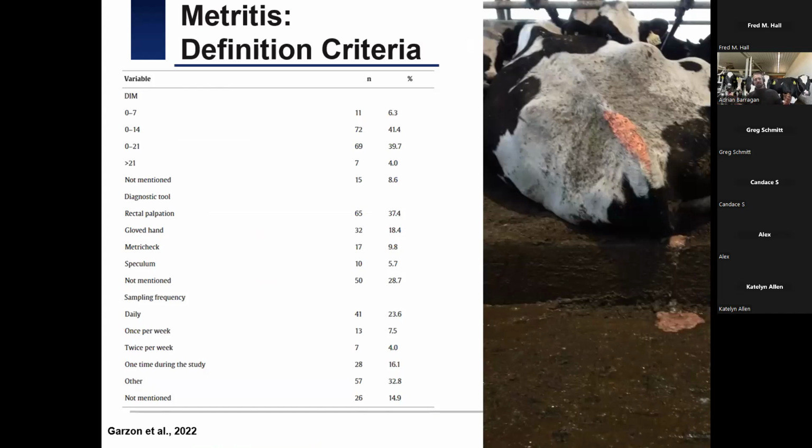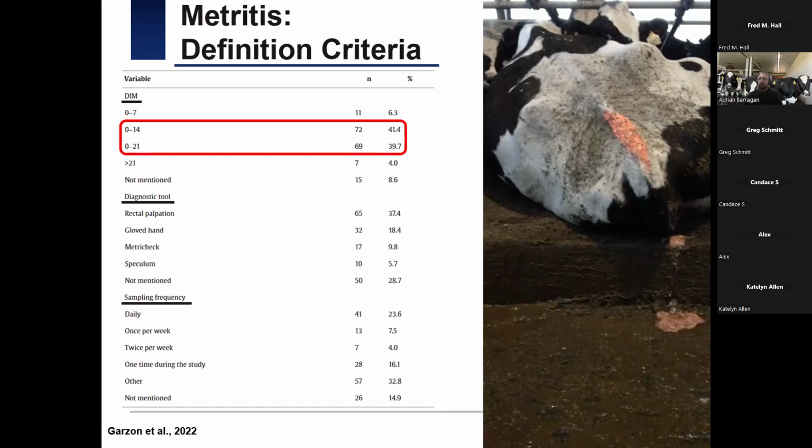The meta-analysis means that they looked for any published research study that has defined metritis, and then they aggregated that data and came up with the most common parameters that were utilized to define metritis. Okay, so here we have days in milk, diagnostic tool utilized, and the frequency that the disease was assessed, right?